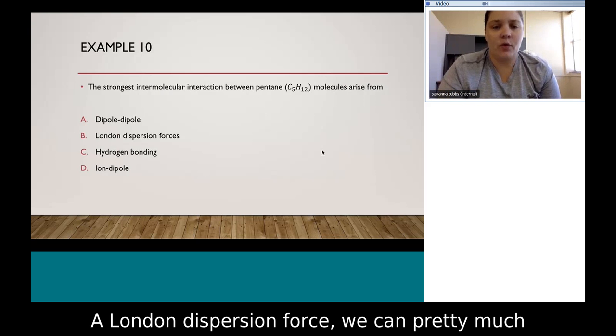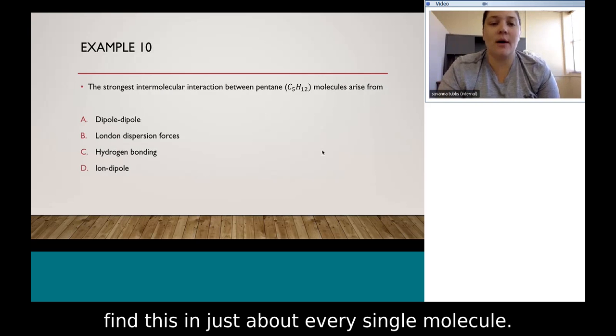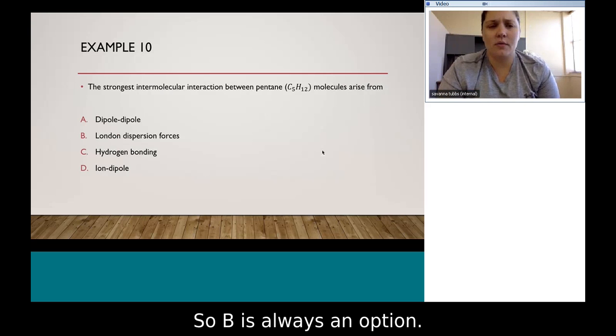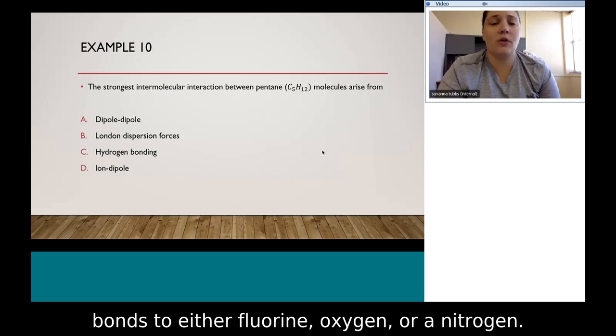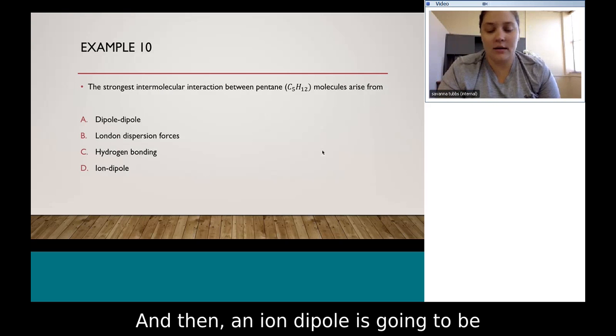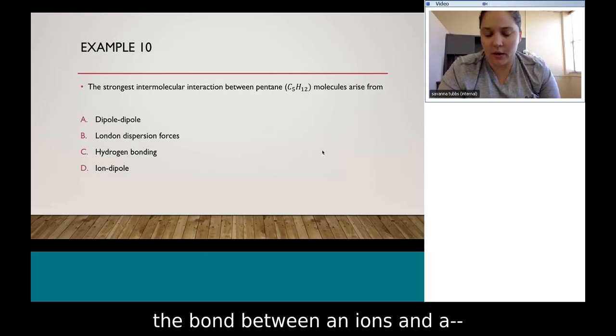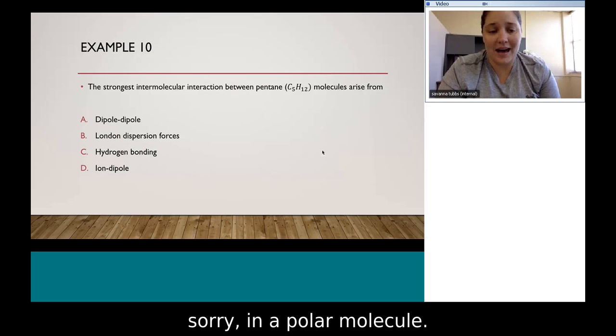A London dispersion force, we can pretty much find this in just about every single molecule. So B is always an option. Hydrogen bonds, this is going to be when a hydrogen bonds to either fluorine, oxygen, or nitrogen. And then an ion dipole is going to be the bond between an ion and a polar molecule.